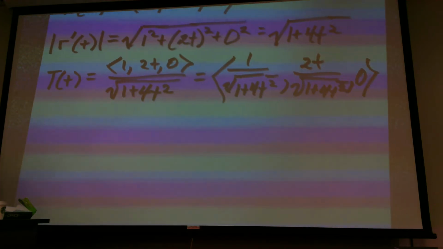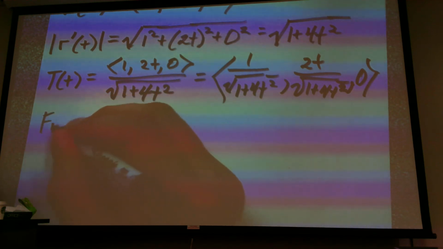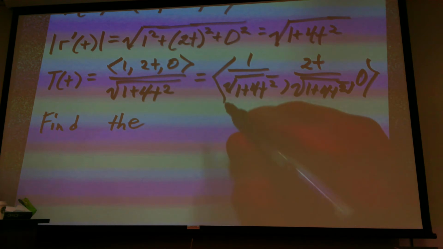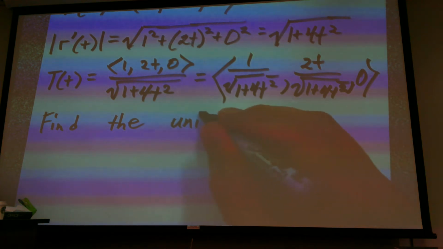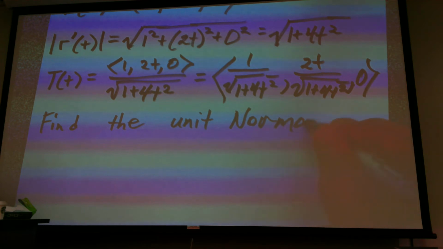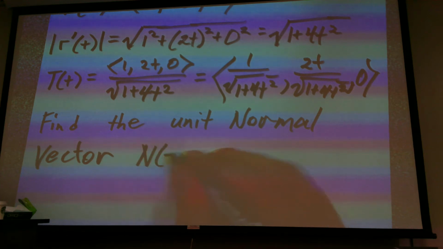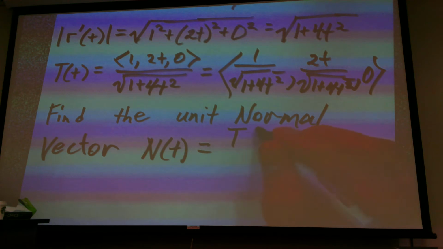Let's say, okay, find the unit normal vector. And so that's going to be N of t, which is going to equal T prime of t divided by the magnitude of T prime of t.